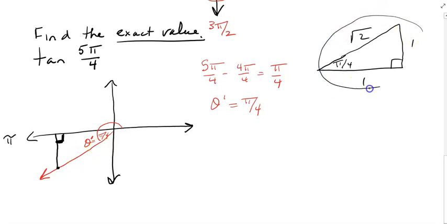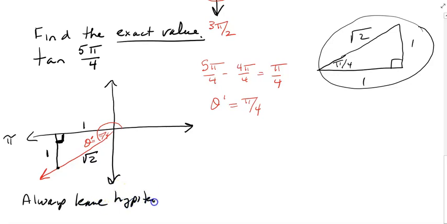And you're going to take this information where you know the pi over 4 isosceles right triangle has sides 1 and hypotenuse square root of 2. Put it in here, knowing that your radius, your hypotenuse, must always be positive. Fill in the correct negative signs depending on the quadrant you're in.